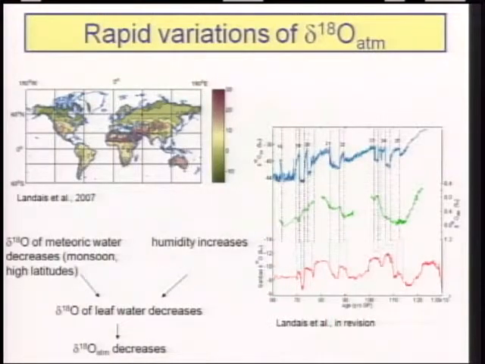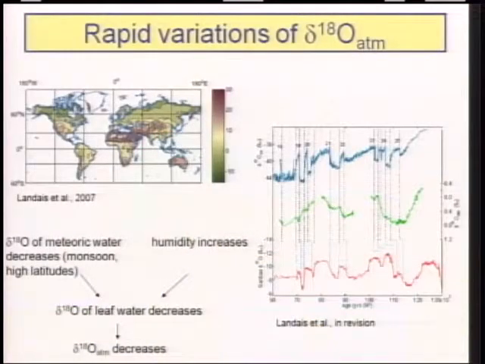Now, the last thing for the Greenland record I wanted to show you is the rapid variation of atmospheric delta weighting. Atmospheric delta weighting, that is to say delta weighting of oxygen that is trapped in the air bubble. This is a little bit tricky parameter, but it is mainly influenced by photosynthesis and respiration that are, of course, the main sink and source for the oxygen cycle.